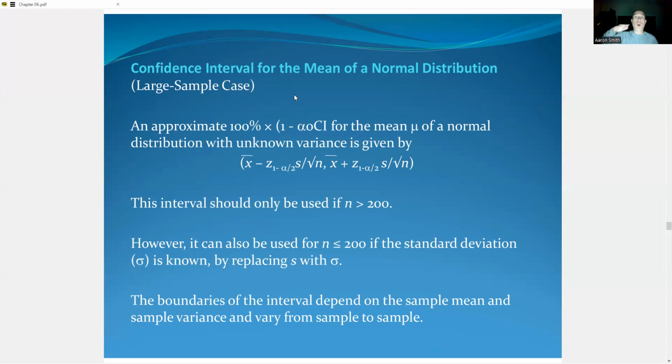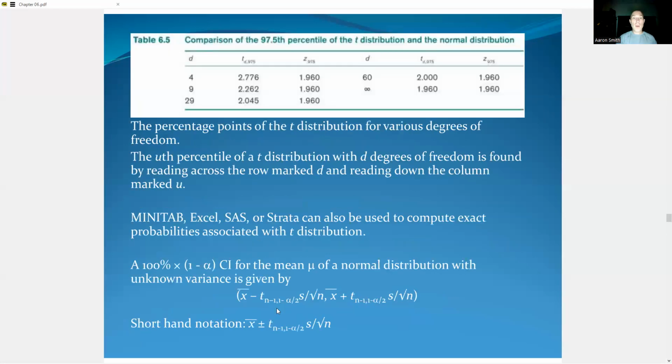And the larger the sample size, the closer my T distribution will be to the normal distribution. If I have a huge number of degrees of freedom, it's usually close enough to the normal distribution that I could just use normal. Now, you'll notice the difference here from the previous slide: here I have a Z, there I have a T.